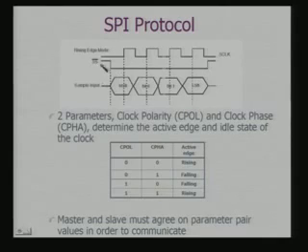Now, this is a rising edge mode. So, all these data valid conditions would be with respect to the rising edge of the clock, and I got to have my slave select signal active for any kind of data transfer to take place.